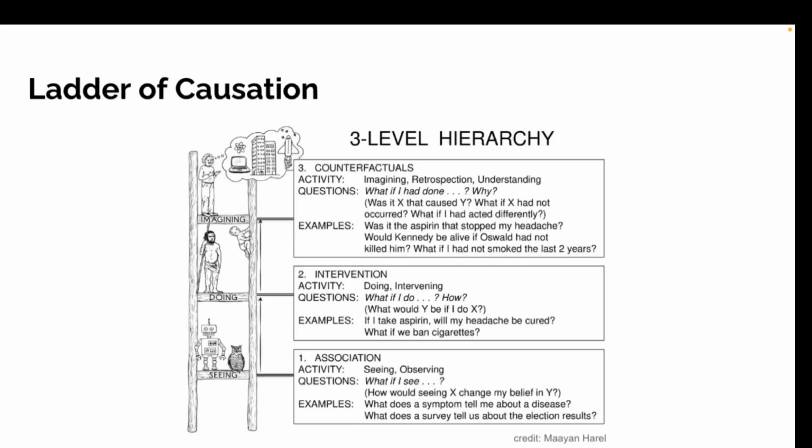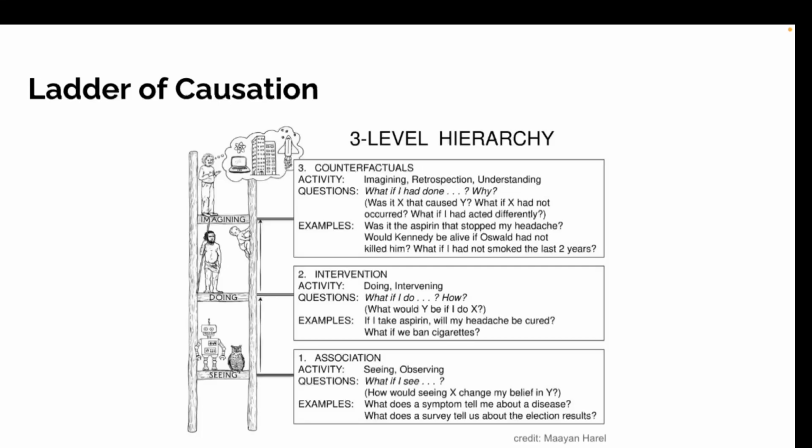The second one is intervention, or the use case we just discussed on a churn example. It's about describing the world when you actually do some kind of action, apply a treatment or an intervention to the system, and how to account for that.